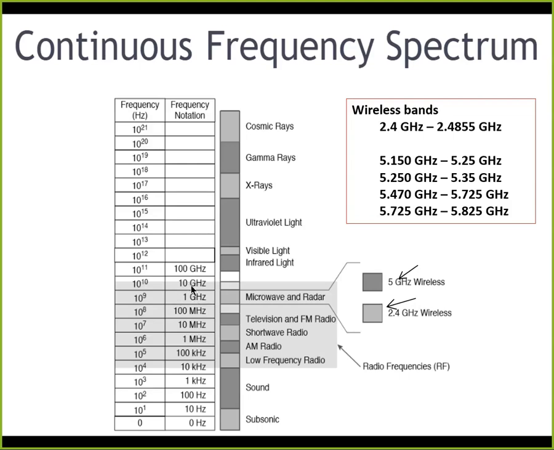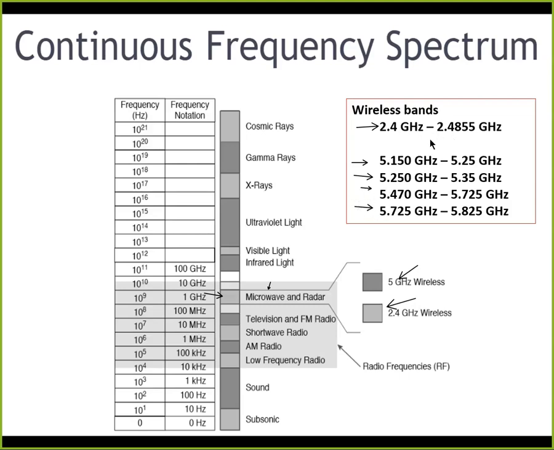We've got a gig here, and then the 10 gig, and it's going to fall in the microwave and radar. Microwave is probably one of the things we want to think about, because microwave ovens are going to interfere. The wireless bands are the 2.4 gig, and then in the 5 gig we have multiple bands available.